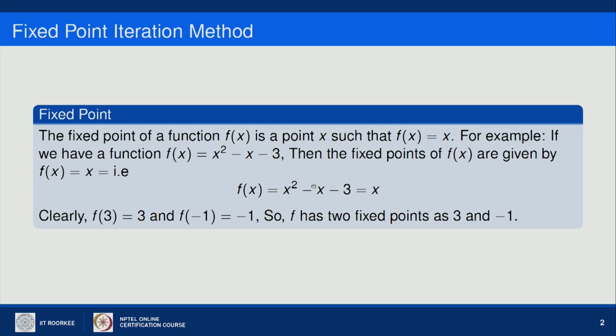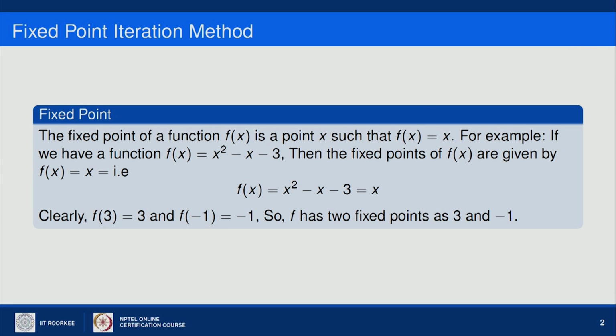When we solve it we find two fixed points: one is 3 and another is -1. If we calculate f(3), it is 9 - 3 - 3, which is 3, and f(-1) comes out as -1.